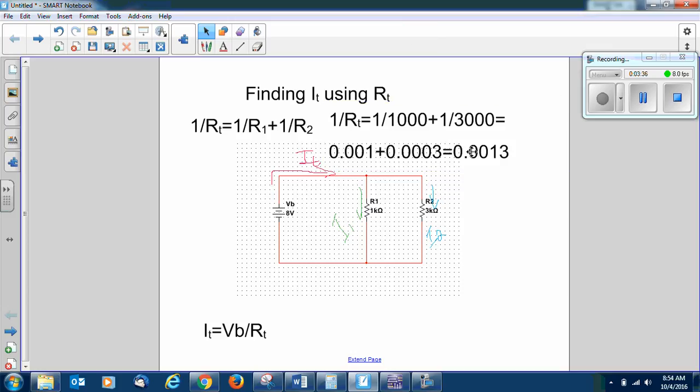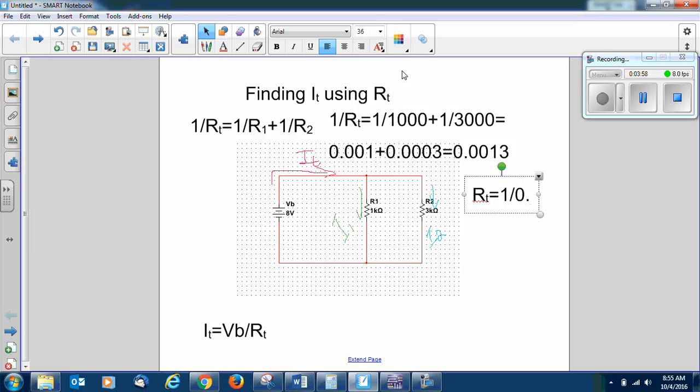Alright, and now I just need to find R total over here. R total equals 1 divided by the number that I just got. So it's going to be 1 over 0.0013.